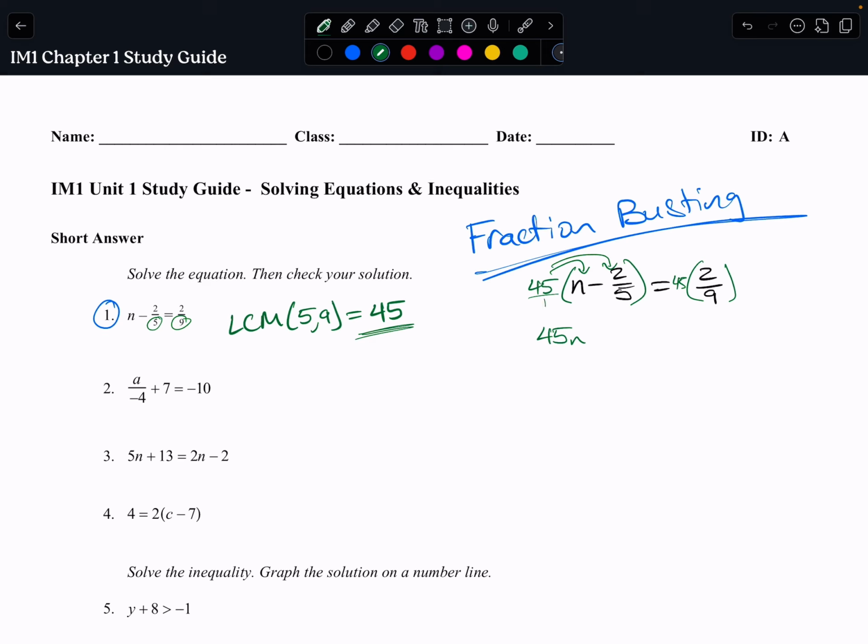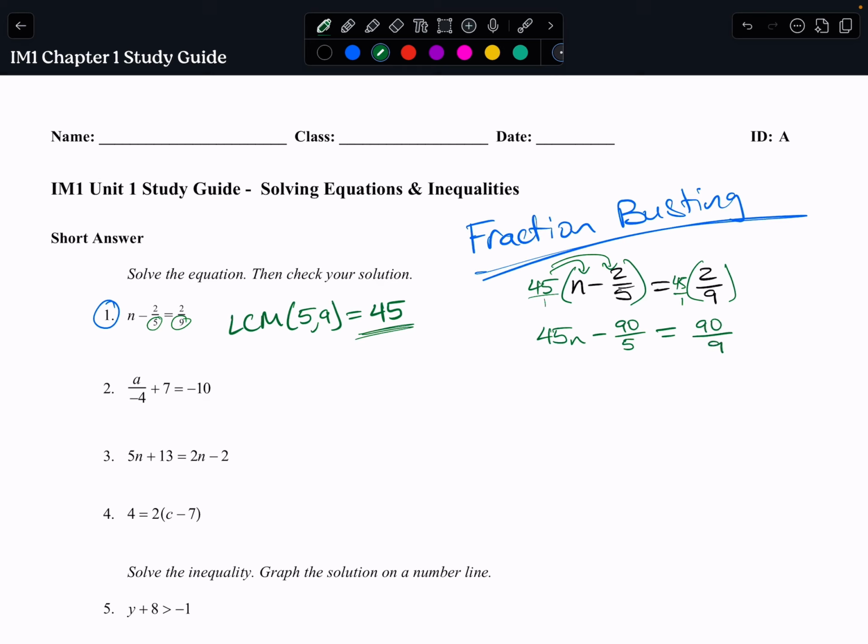If you forgot your fraction rules, when you multiply, you just multiply the numerators and the denominators separately. So 45 times 2 is 90, and 1 times 5, the denominators, the product of that is 5. Same thing on the right side. 45 over 1 times 2 over 9 is going to end up being 90 over 9.